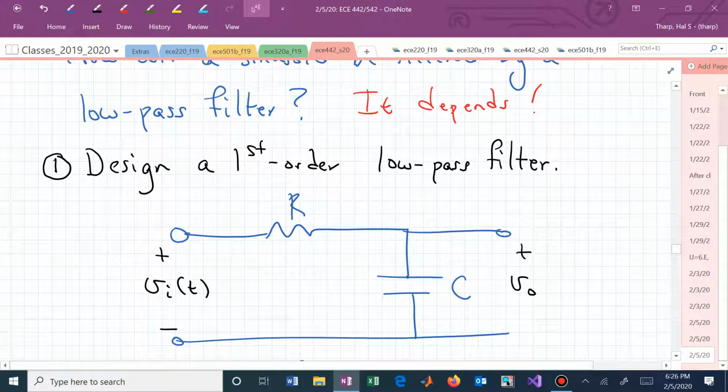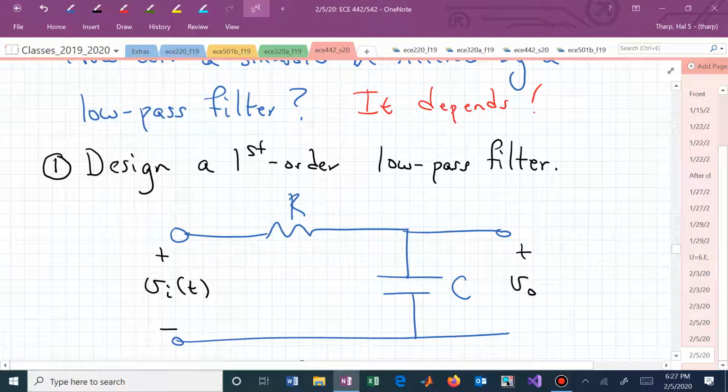Here's a low-pass filter, and this you should be able to draw immediately. On your next interview, if they ask you, design or draw me, sketch me a low-pass filter, you can say, oh, okay. You might sort of act like you're a little bit thinking so that it appears that they know their stuff.